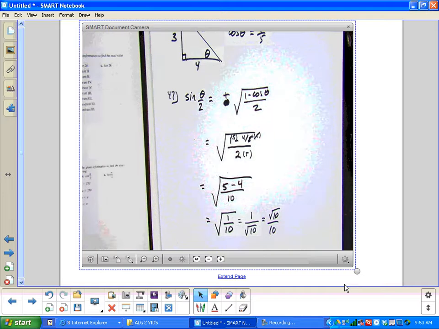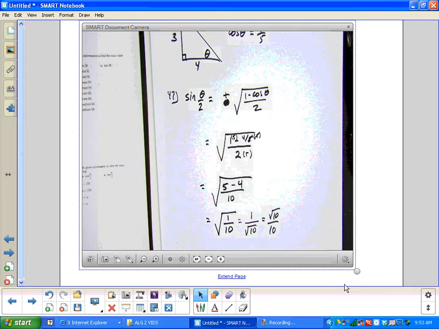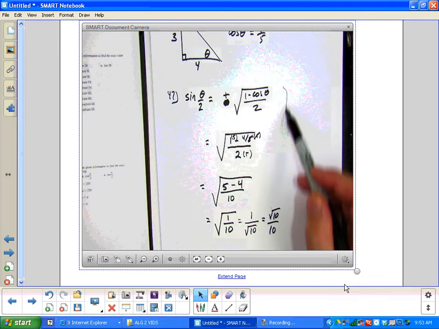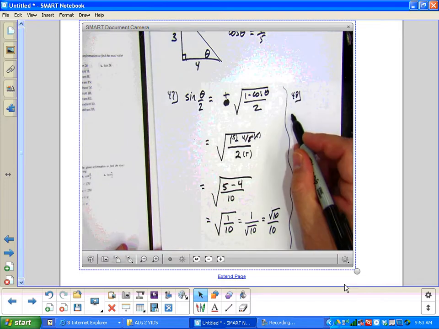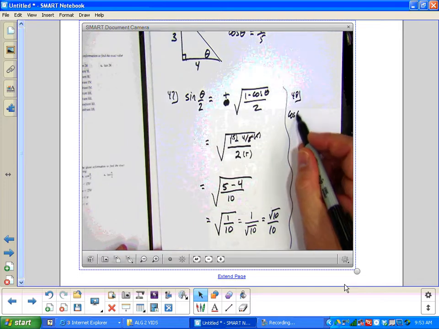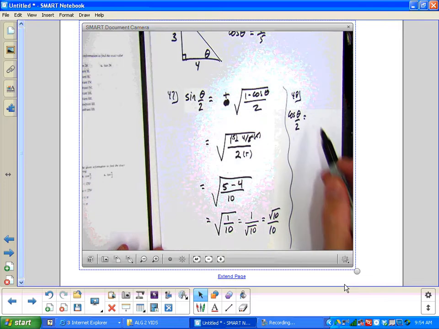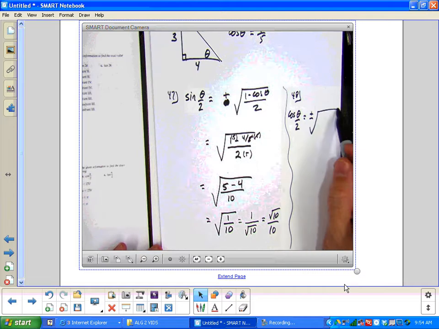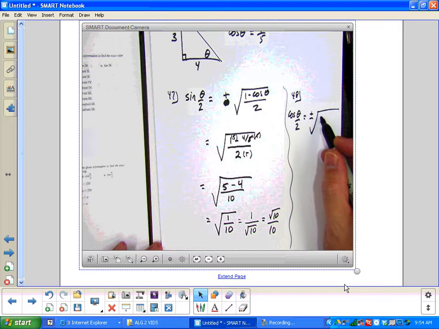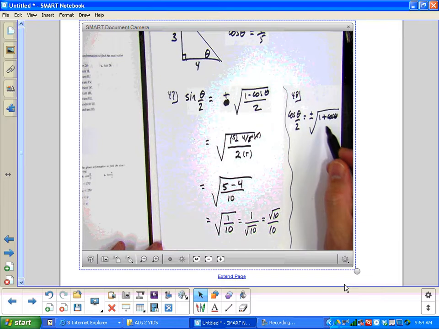Now, on 48, I'm going to take a shortcut by using what I had on 47. Okay, on 48, we're doing the cosine of the half angle. Okay, so let's look at this, and you'll probably see a nice shortcut here that we can use. Now, the formula for the cosine half angle is the square root of 1 plus cosine theta over 2.